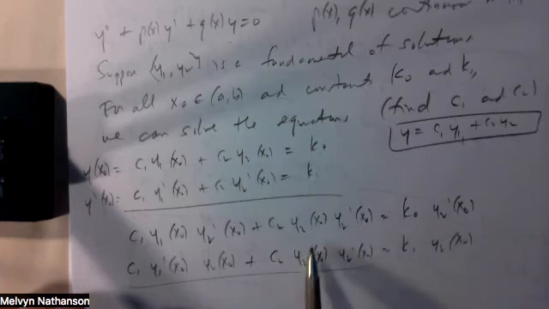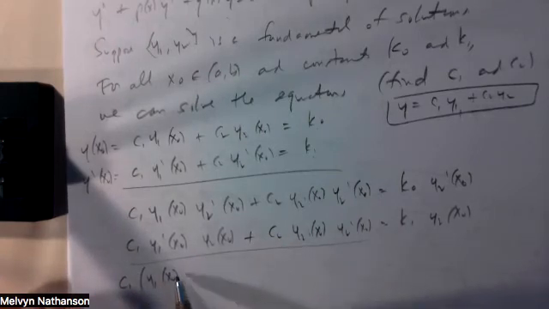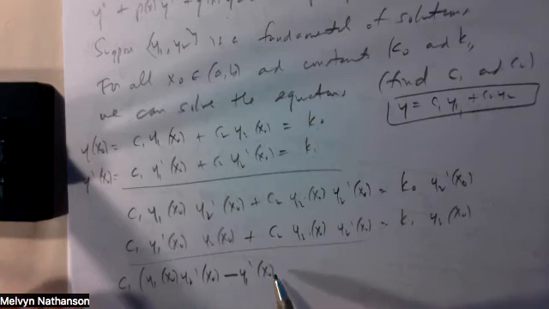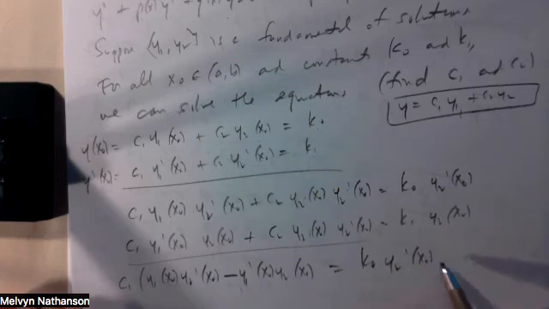And these two expressions are the same. So if I subtract, I get C1 times y1 of x naught y2 prime of x naught minus y1 prime of x naught y2 of x naught, this minus this is 0, equals k naught y2 prime of x naught minus k1 y2 of x naught.